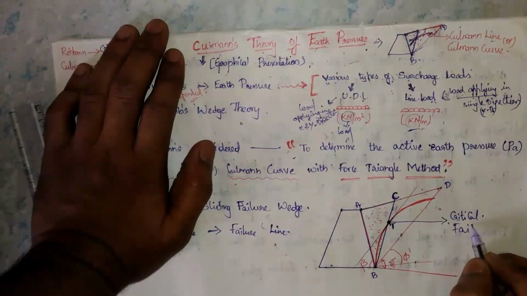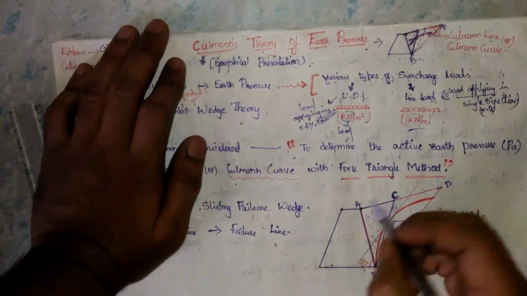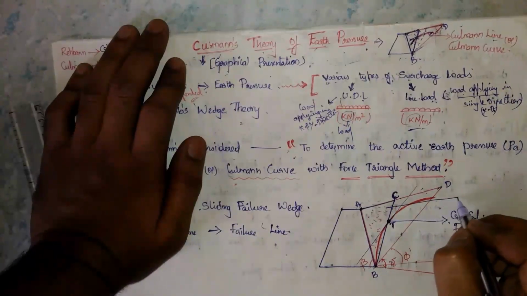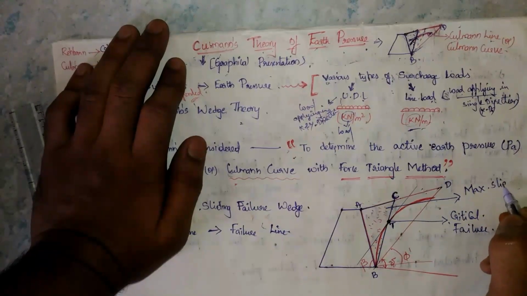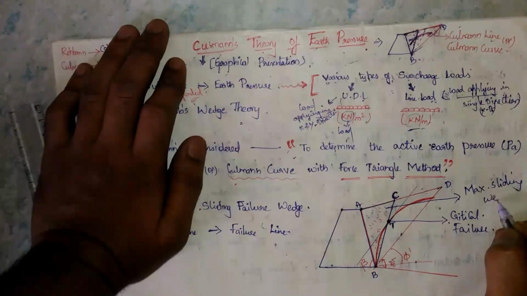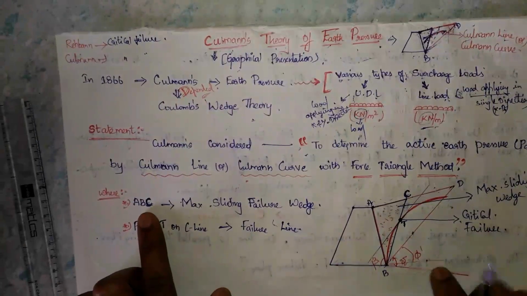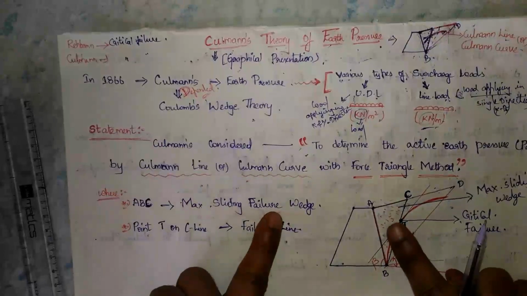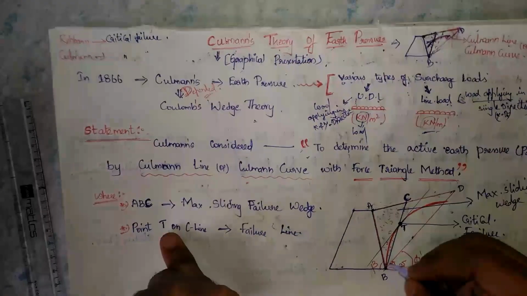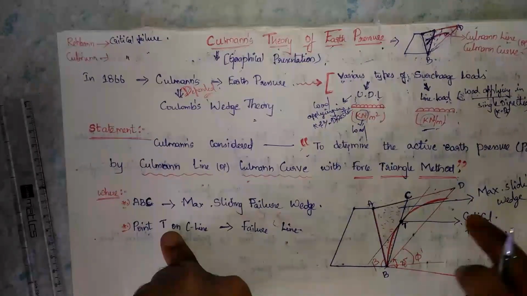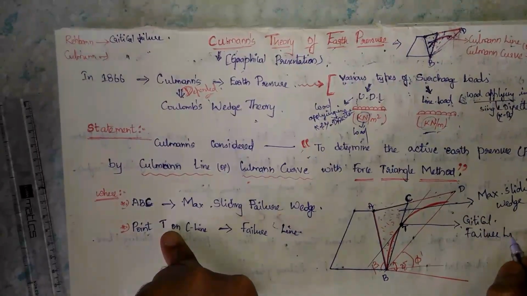Next, ABC is the maximum sliding failure wedge plane, as I have mentioned at the bottom. A, B, C is the maximum sliding failure wedge, and the point T on a Culmann curve is the critical failure line.